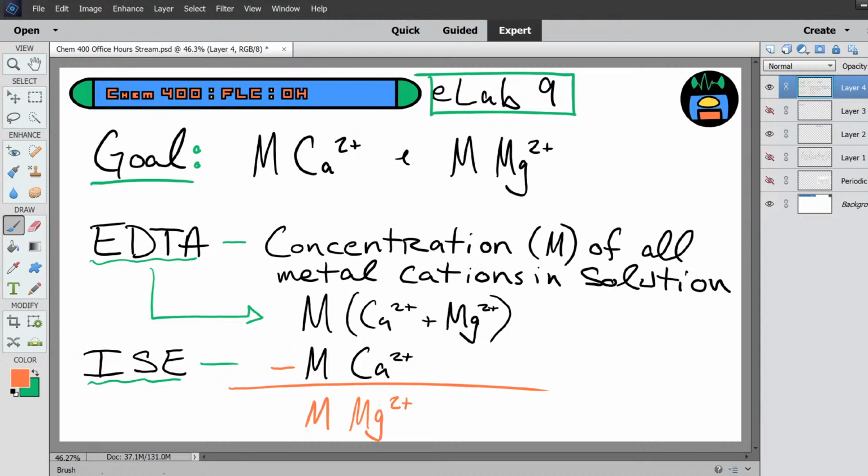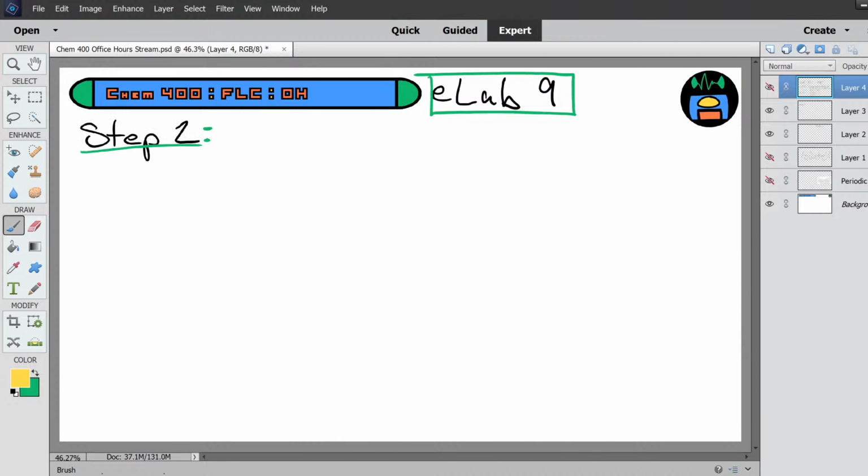So that's the overall strategy. We're using EDTA to find the concentration of calcium and magnesium, and the ISE to just get calcium. We subtract calcium from calcium and magnesium, and now we have both of these locked and loaded. So that's how we get both of those things.